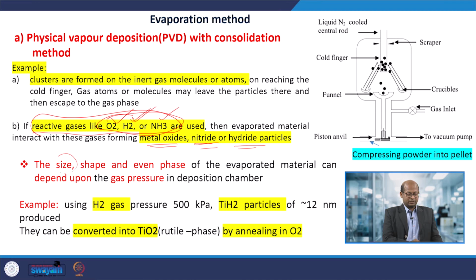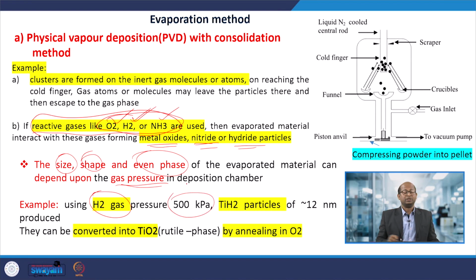The size, shape, and particular phase of the materials we prepare by this evaporation-condensation or PVD method depend on the gas pressure in the deposition chamber. For example, when hydrogen at 500 kilopascals pressure was used, TiH2 particles of 12 nanometers were produced, and these were later converted using oxygen gas.